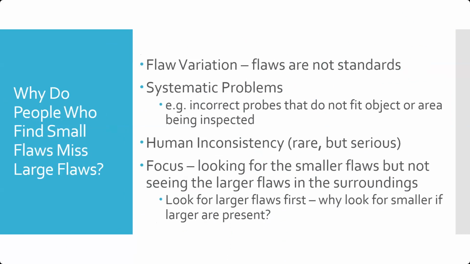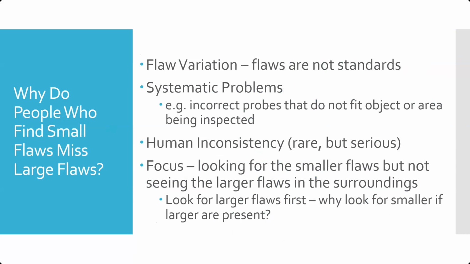And so that leads to some systematic problems as well, where things like incorrect probes or equipment that don't fit the test object area are being used. This is particularly the case if you have to do profiles of, think of a wheel seat area or something like that, where maybe you need some kind of specially shaped probe in order to get into an area.